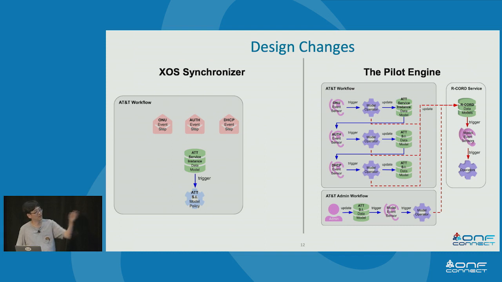But with the pilot engine, you can easily figure out all the execution flows because they are stated in a fixed location with just a few lines of statements about the relations.